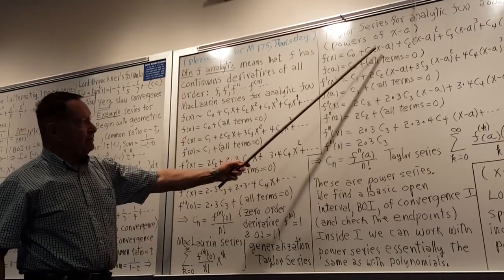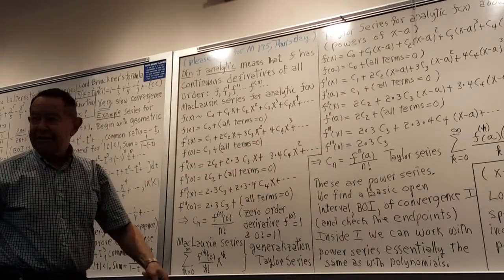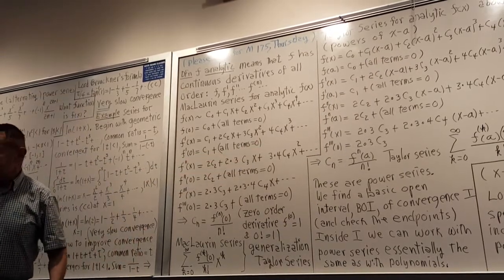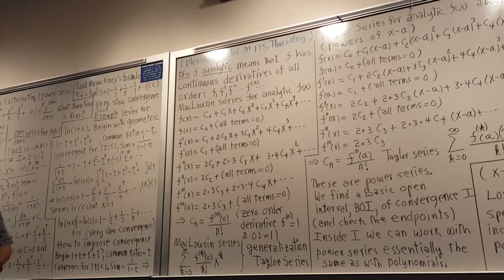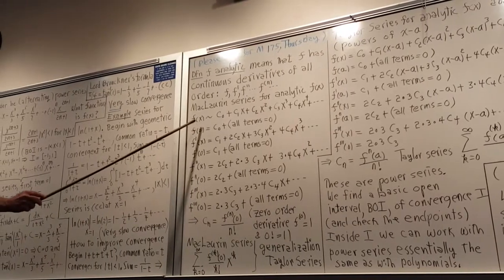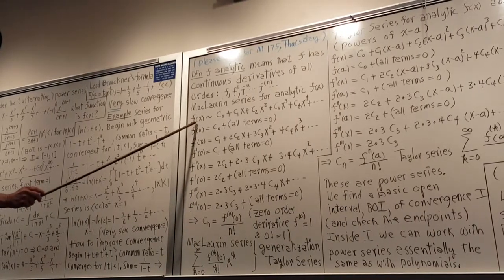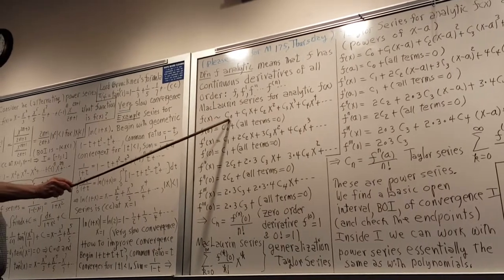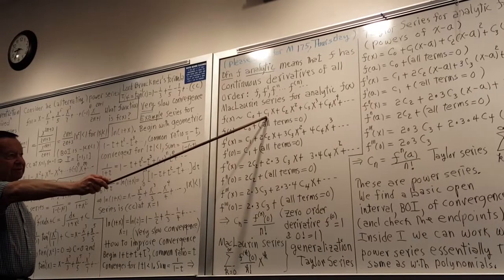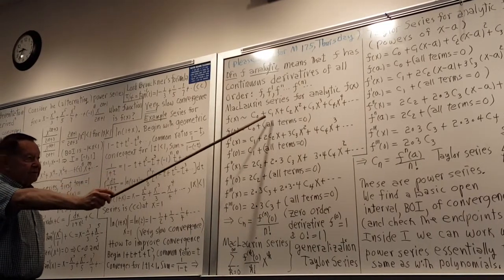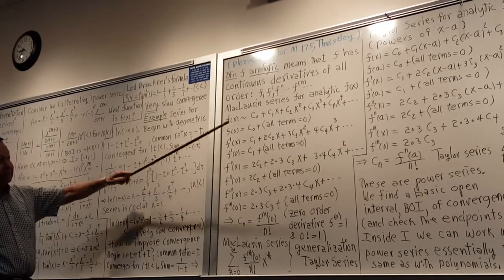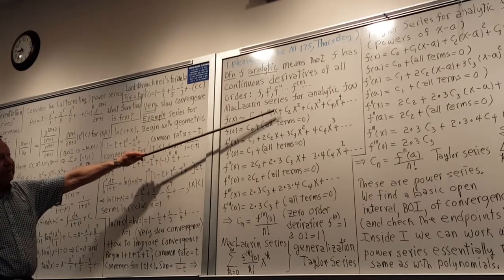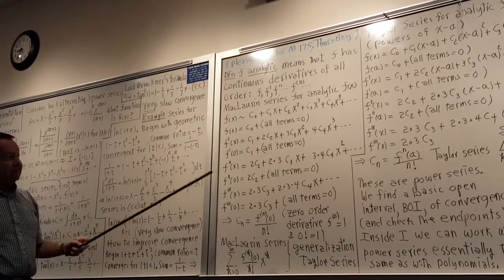It could be powers of x minus 1 or x plus 2 or something like that. So the Maclaurin series that corresponds to f of x looks like this. Coefficients c0, c1, and so on, which we still have to determine, and then the powers of x.